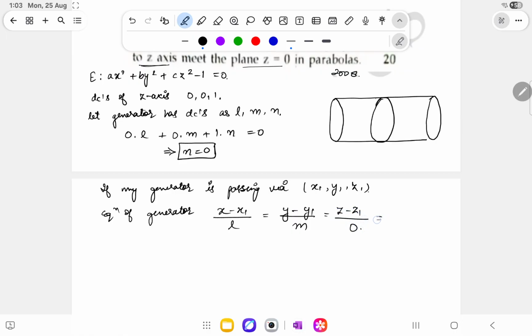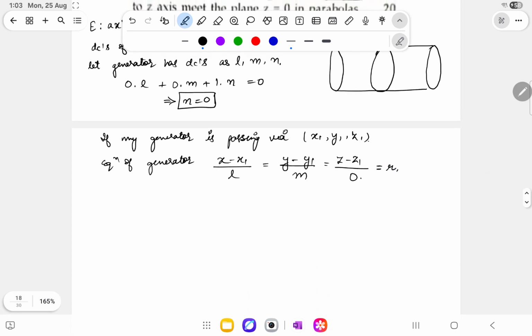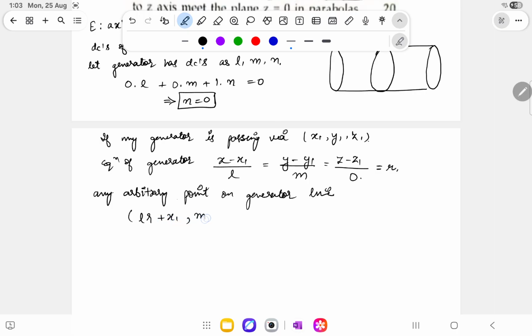So if I equate it with, let's say, some constant r, I'll get any arbitrary point on the generator line. That will be lr plus x1, mr plus y1, and z1.